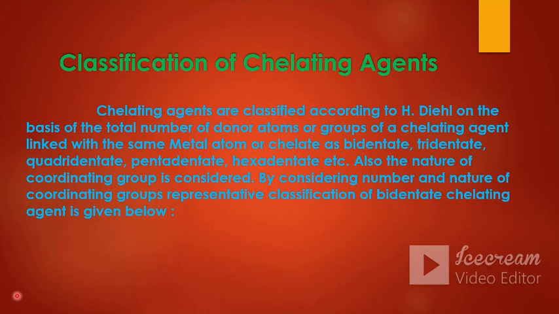In this, chelating agents are classified according to H. Dehaene on the basis of the total number of donor atoms or groups of each chelating agent linked with the same metal atom, or chelate, as bidentate, tridentate, quadridentate, pentadentate, hexadentate, etc. Also, the nature of the coordinating group is considered.